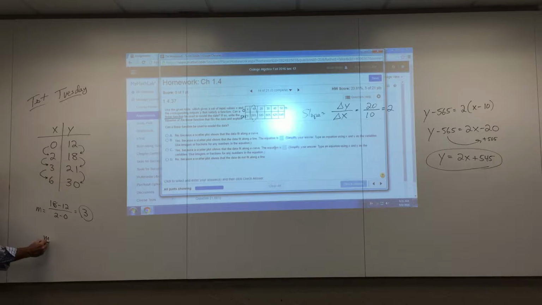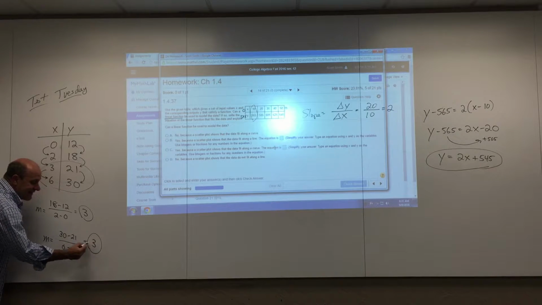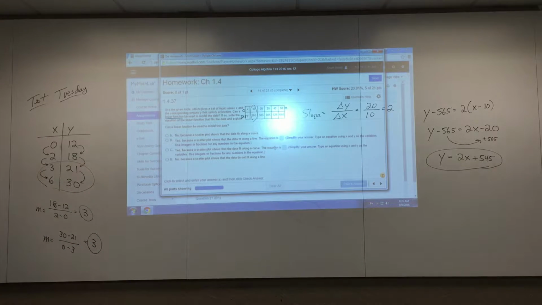So what if I did it with another set of points? Let me just try the last set of points here. 30 minus 21 over 6 minus 3. That's 9 over 3. What's 9 over 3? 3. Even though the changes look a little different, the ratio is always 3.